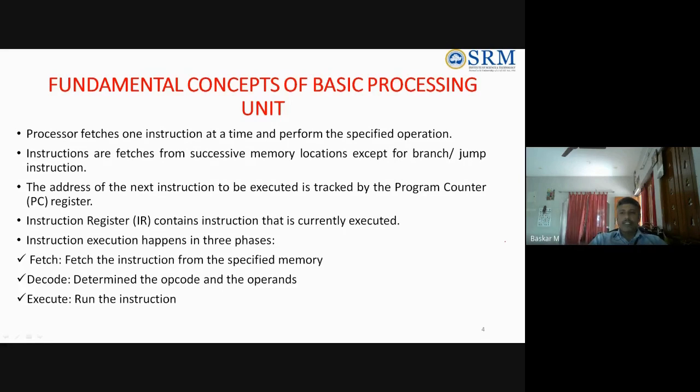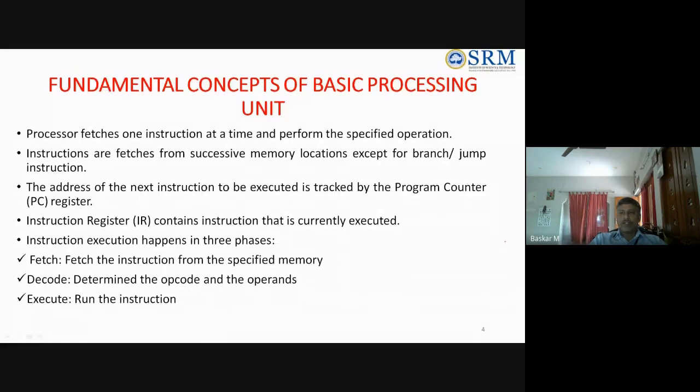The instruction register is a special register we already discussed. The current instruction that is going to be executed by the processor is available in the instruction register. Whatever address is specified by the program counter is the next address. Once the current instruction is executed, the program counter value moves to the MAR and MDR.